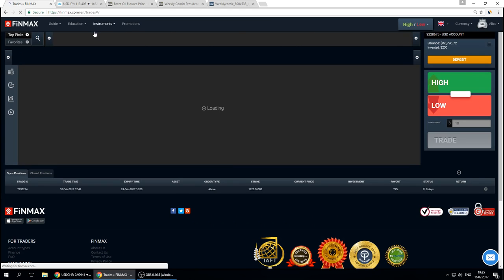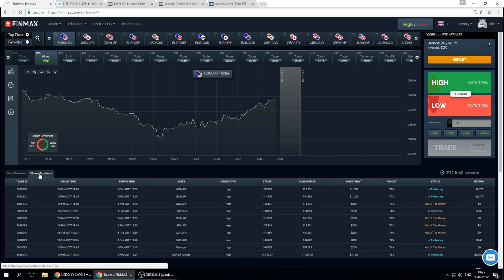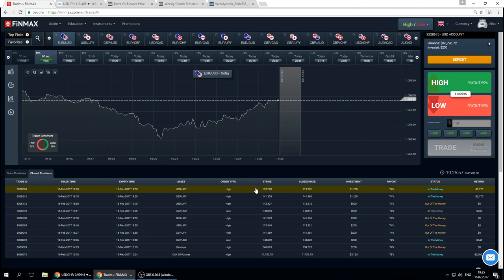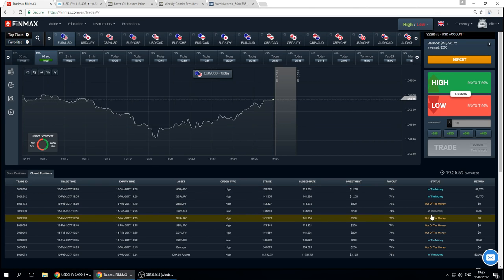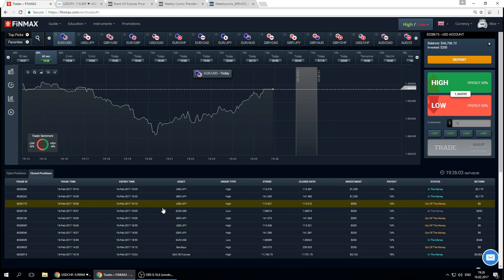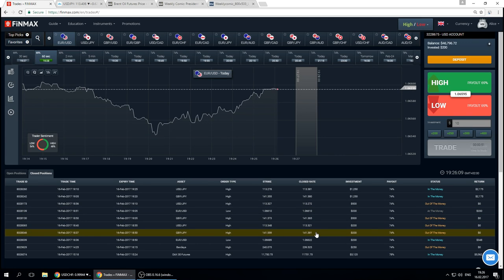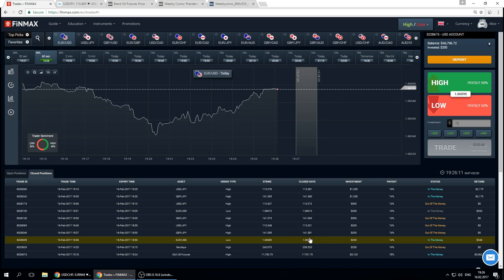So what we did today, we traded against the Japanese yen. We traded the British pound and the American dollar. So let's see. This trade closed at the money. It means that the strike price and the closing rate were the same. So this was the first trade that we opened today.